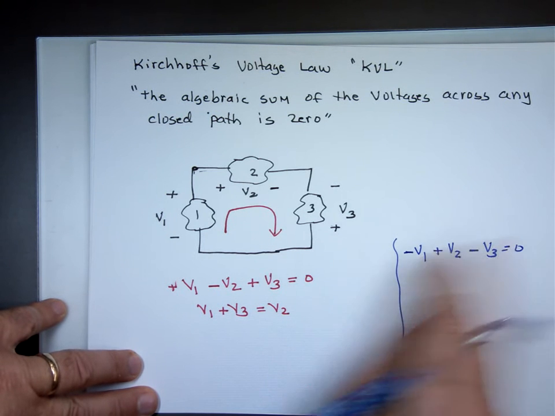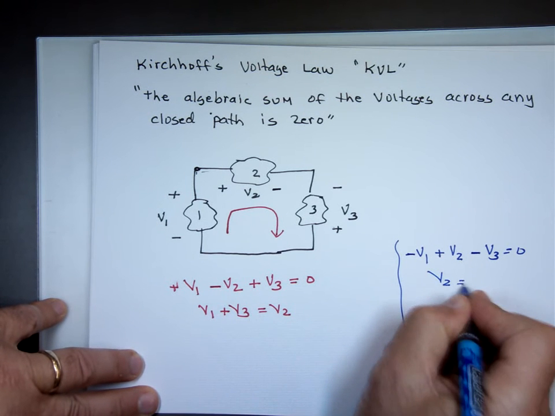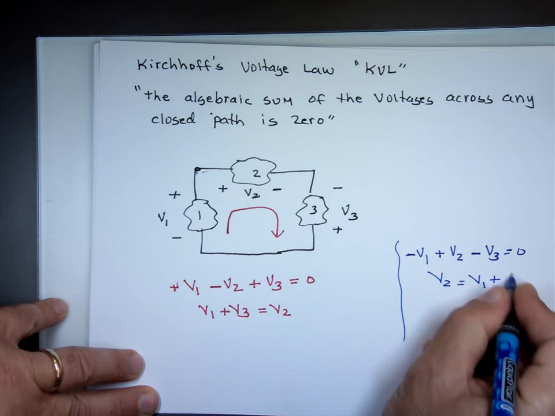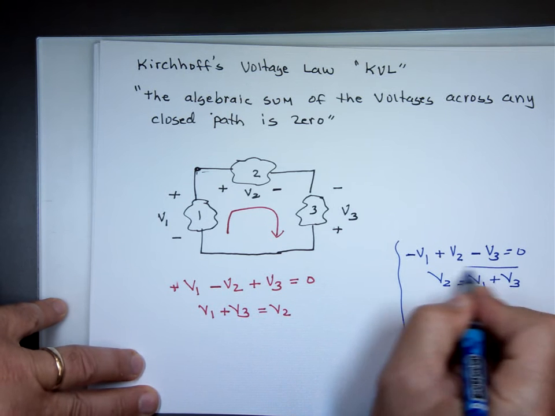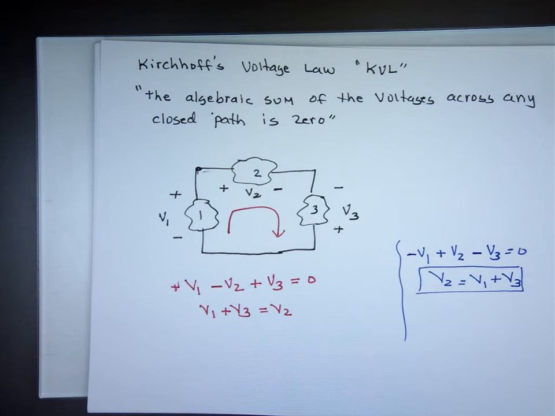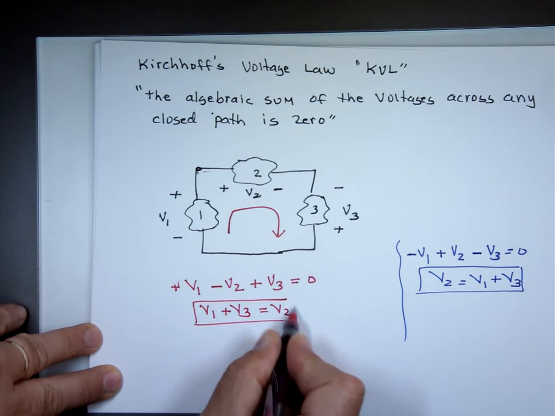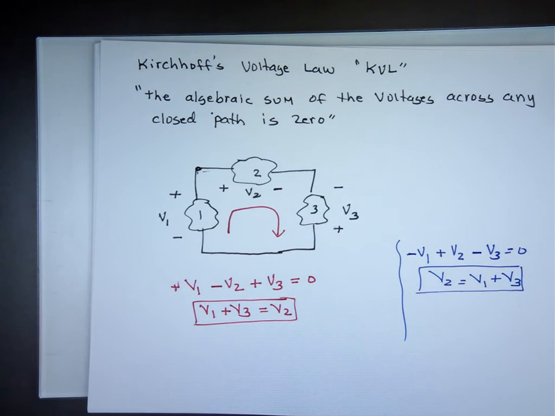And if you move V1, V3 to that side, what do you have? V2 equals what? V1 plus V3. Is that the same answer? Look right here and look right here. Same thing. So it really doesn't make a difference which one you call plus, which one you call minus, as long as you're consistent. Mathematically, your answer will be the same.